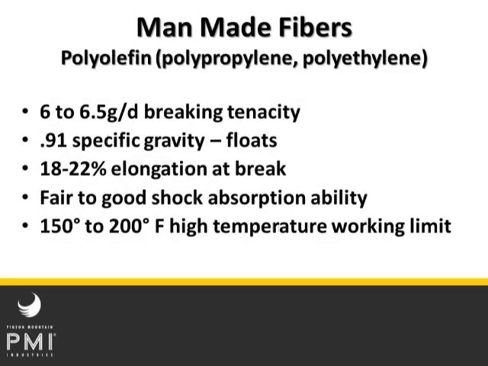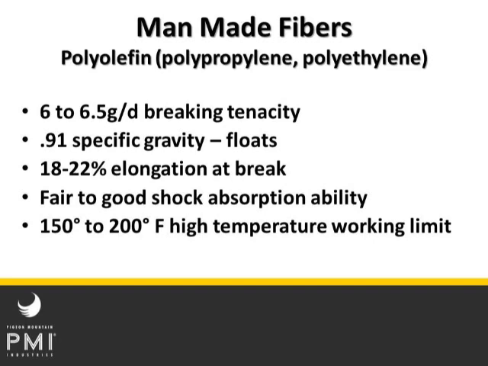Polyolefins, which are the polypropylenes and the polyethylenes. These are the cheap ropes that you see out there. Industry uses a lot of them, and you see a lot of construction workers using these as life safety ropes, but they're big diameter, and they're big diameter because of the strength. They need to go pretty big to get the same kind of strength out of it. The cool thing about them is that they float.